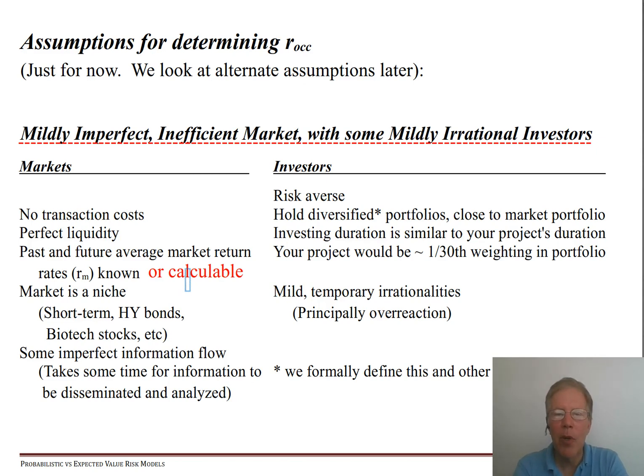We have some imperfect information flow. So what we mean by that is it takes some time for information to be disseminated and analyzed. And we're assuming investors are risk averse, okay, and they hold diversified portfolios close to what we'd call a market portfolio.